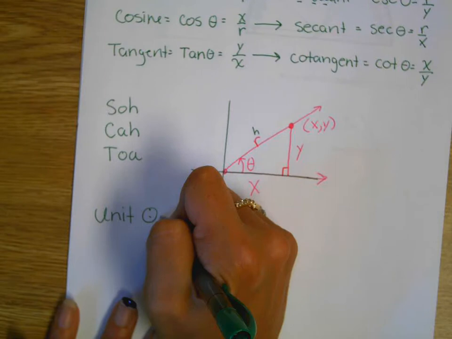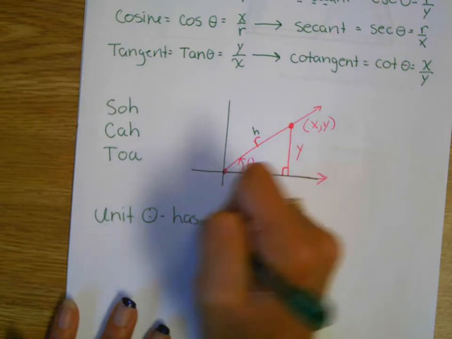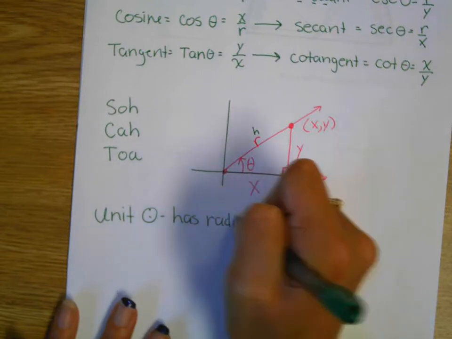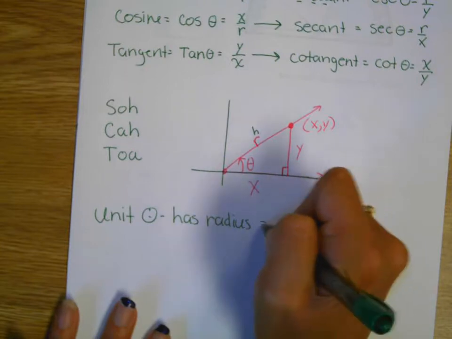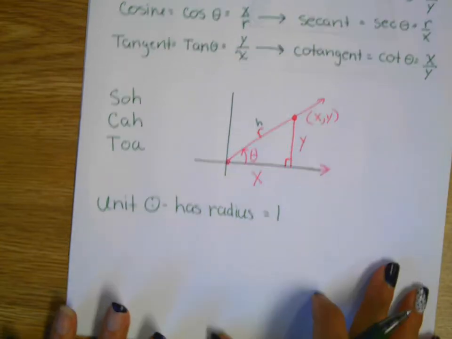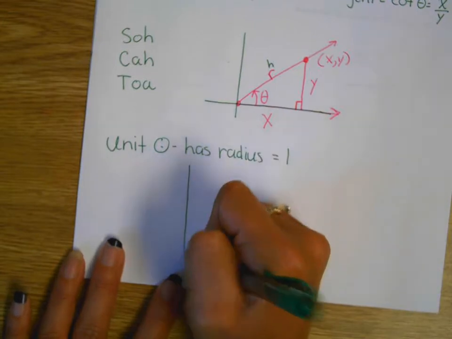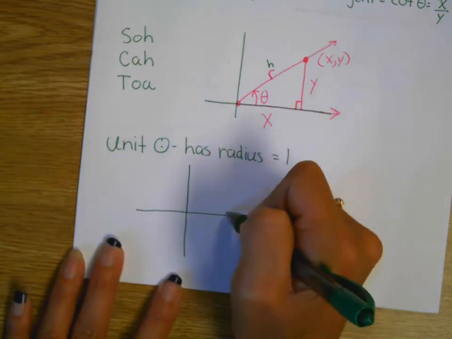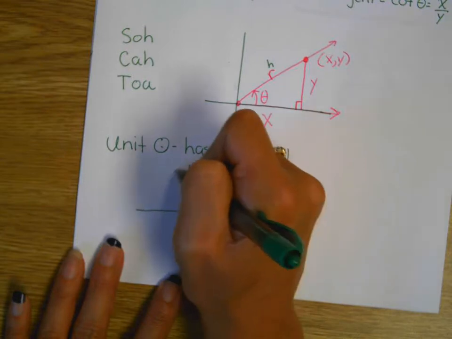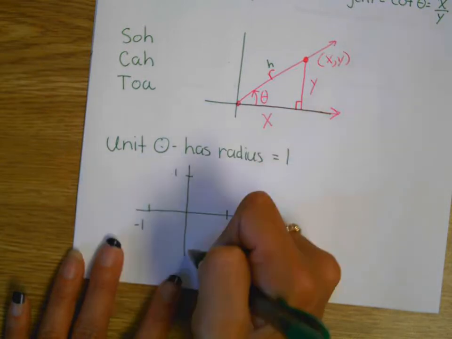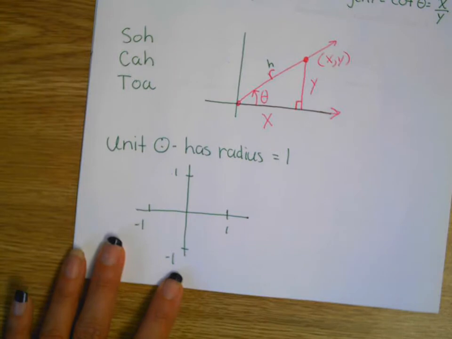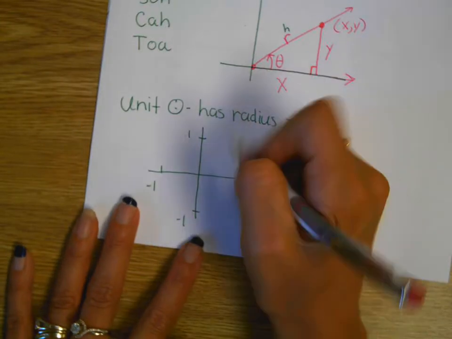A unit circle has radius equal to 1. So if we go 1 in all directions, make a nice circle.